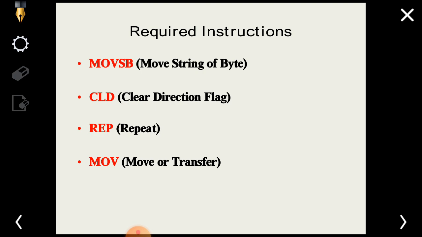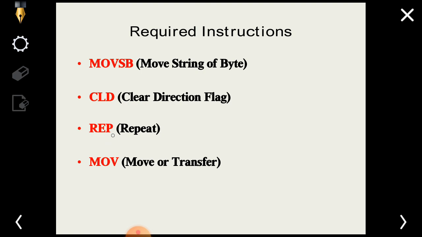So the required instructions to write this program are MOVSB, which stands for move string of byte. This is a string instruction used to transfer a byte from data segment memory into extra segment memory. Then the next instruction we require is CLD, which stands for clear direction flag. It is used for auto increment of SI and DI.